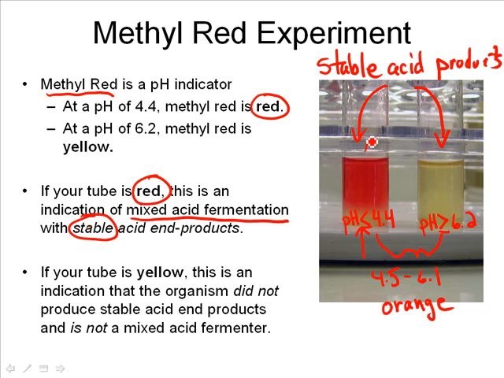So, organism A fermented, produced acids, and those acids stuck around, lowering the pH below 4.4, causing the tube to turn red. However, if your tube turns yellow, what that means is your organism fermented. Does not mean it didn't ferment, but what it means is that the acid end products were not stable.